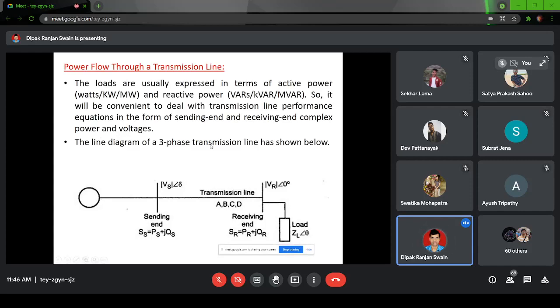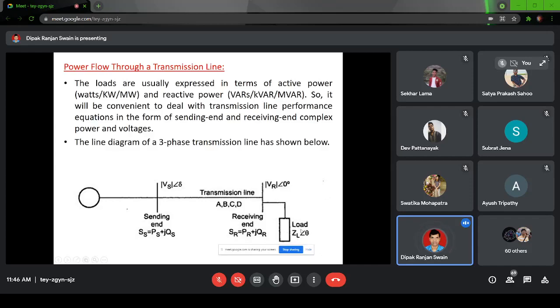Second, as you can see, the load terminals are always taken as reference. With reference to the load terminal only, we generate the sending end power and sending end voltage. So VR at an angle 0, as you can see, and this is VS at an angle delta. And most of the time you will see that this sending end voltage leads the receiving end voltage.